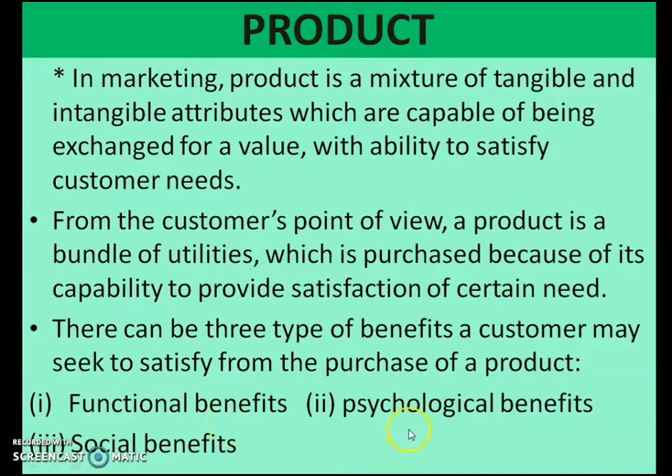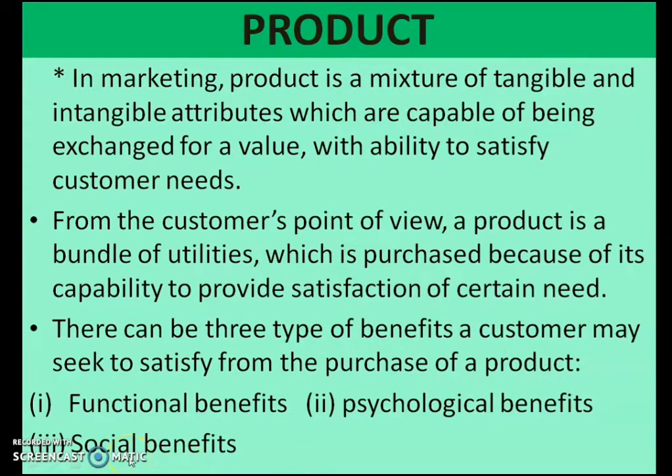Then because you have purchased that bike, there is an increase in your self-esteem. So a psychological benefit is attached with that product. So we can say that psychological benefit is also derived. Then the third benefit is social benefit.